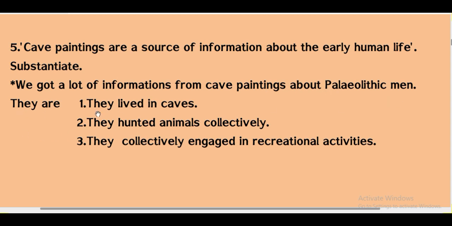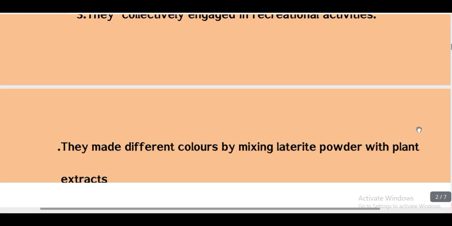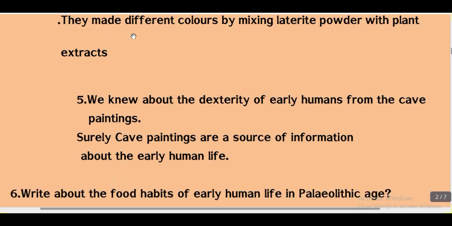They are: they lived in caves, they hunted animals collectively, they collectively engaged in recreational activities, they made different colors by mixing laterite powder with plant extracts. We knew about the dexterity of early humans from the cave paintings. Surely, cave paintings are a source of information about the early human life.